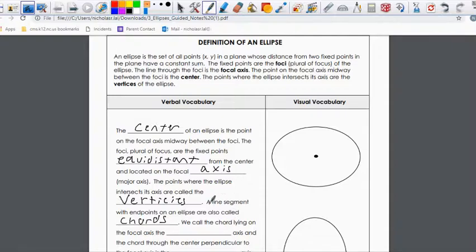All right, so we'll do the next part, the visual vocabulary. First of all, we have a vertex here. This is a vertex.